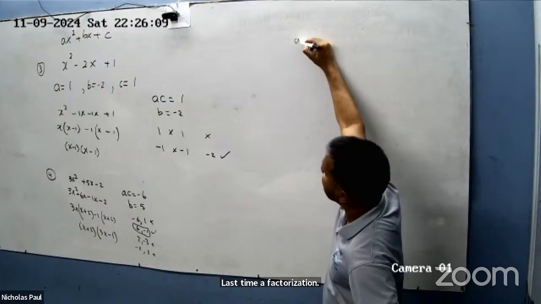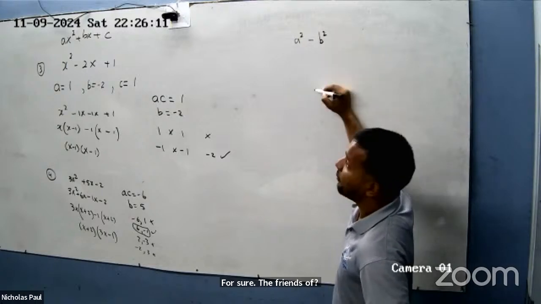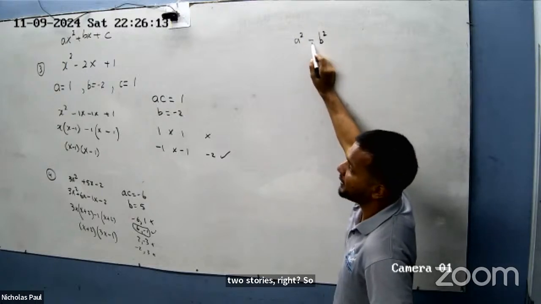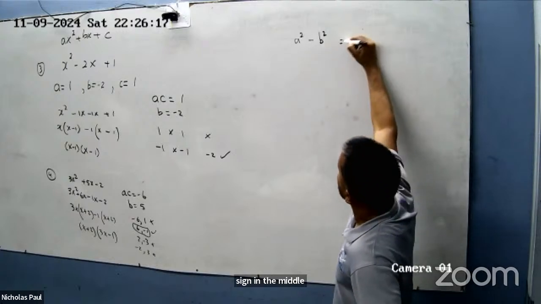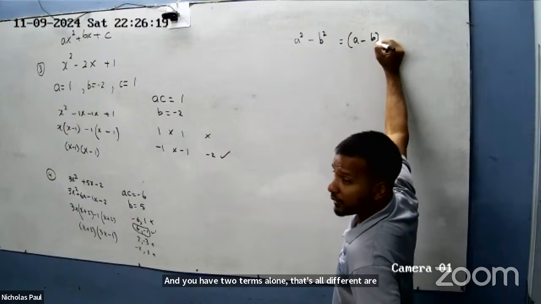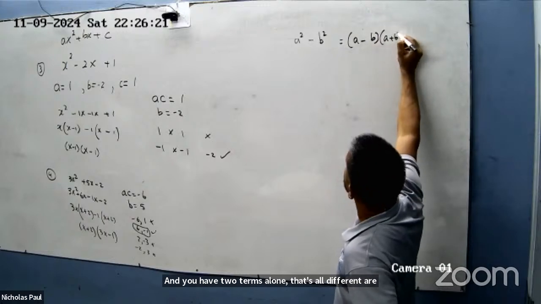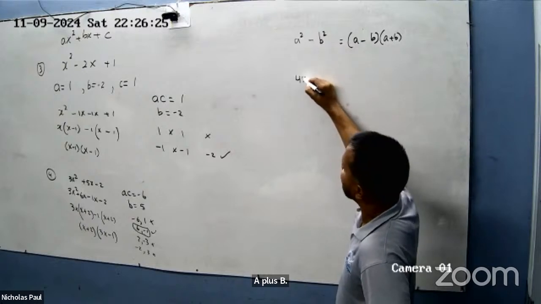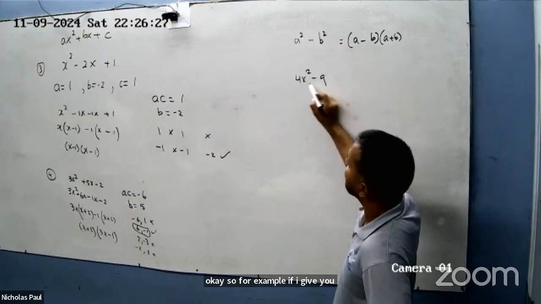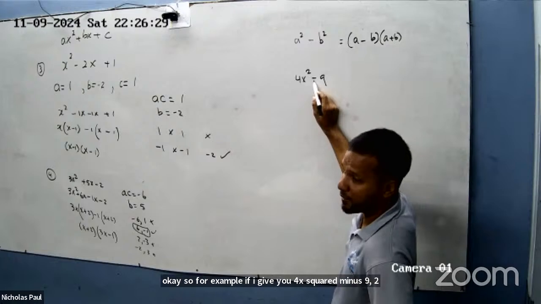Difference of 2 squares. So if you see a minus sign in the middle and you have 2 terms alone, that's called difference of 2 squares: A minus B, A plus B. For example, if I give you 4x squared minus 9, 2 terms with a minus in the middle.